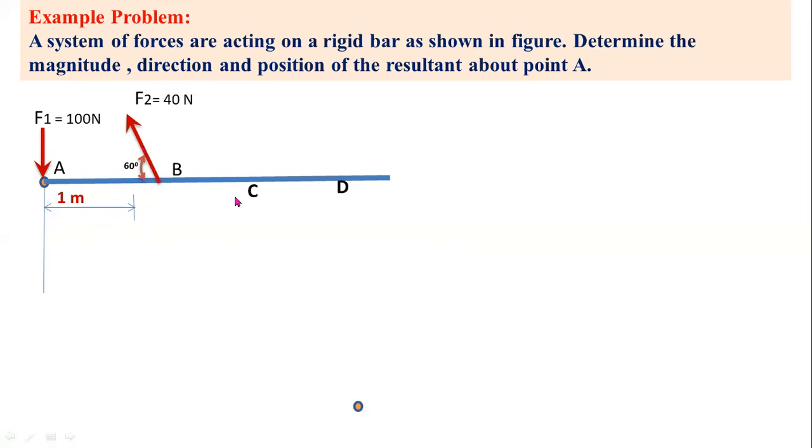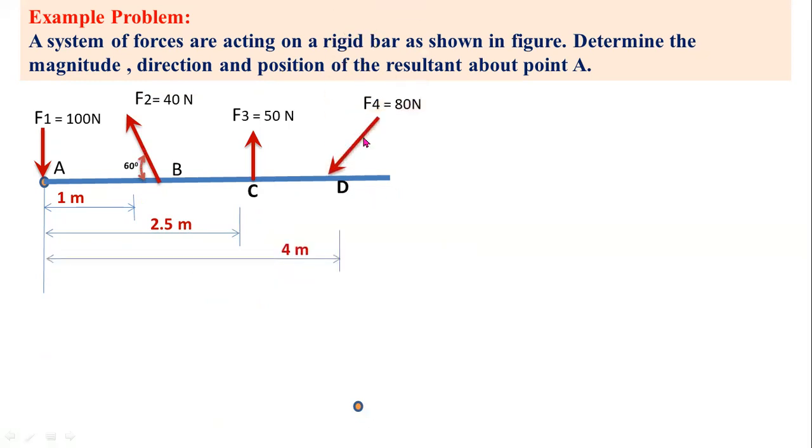The distance is 1 meter. And here this is the vertical force, 50 newtons. Now this is the inclined force. It makes an angle of 30 degrees with respect to the horizontal, and the distance is 4 meters from point A.